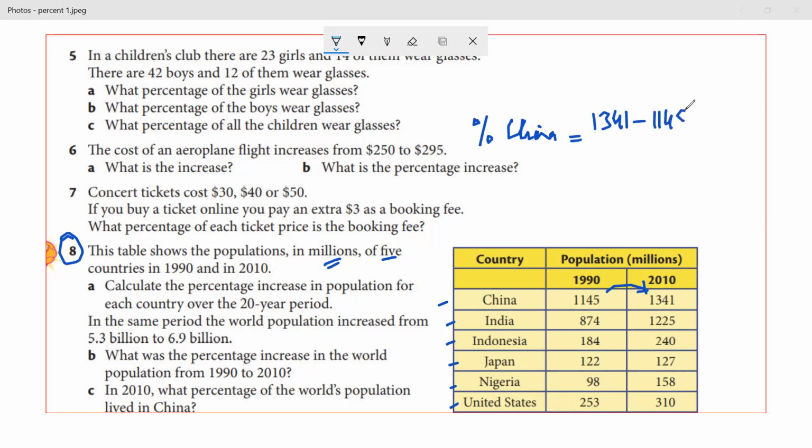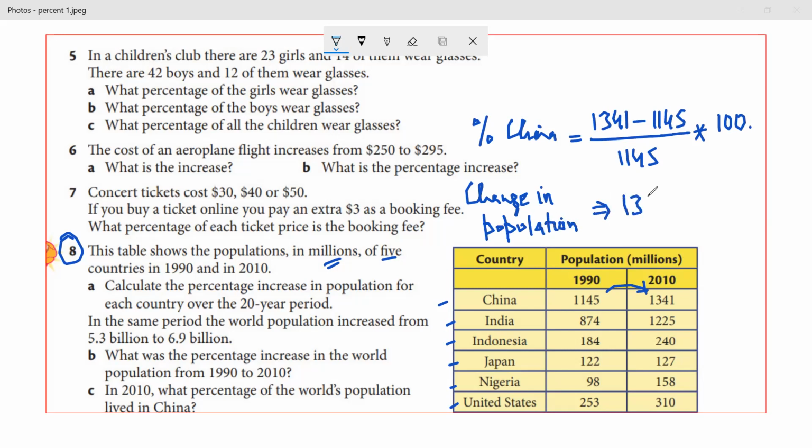Have you understood what I've written? Yes, sir. See, the change in population is 1341 minus 1145. Any doubt about this?